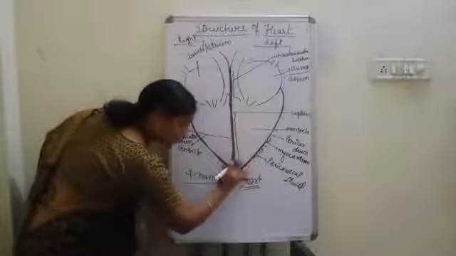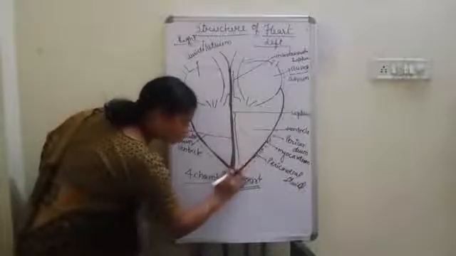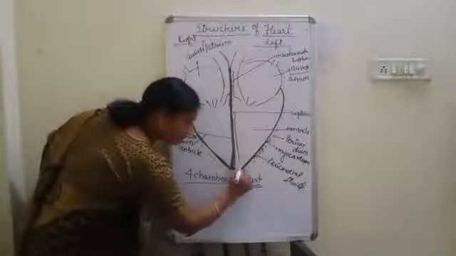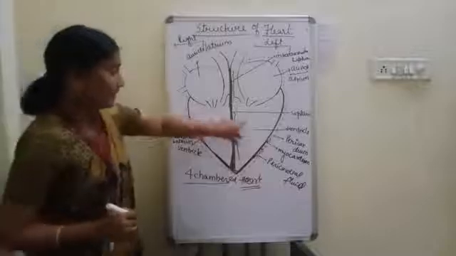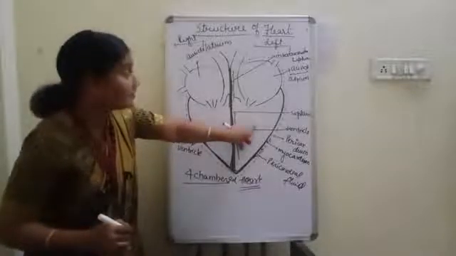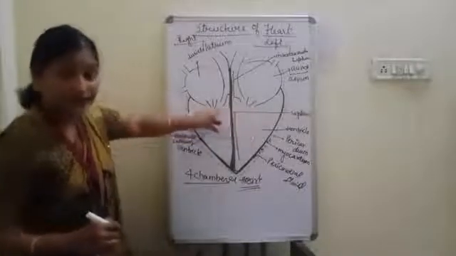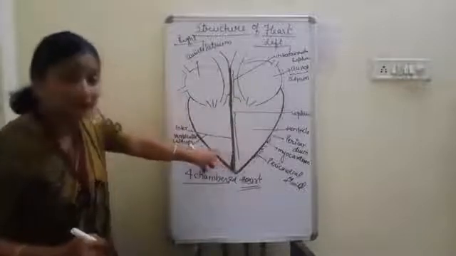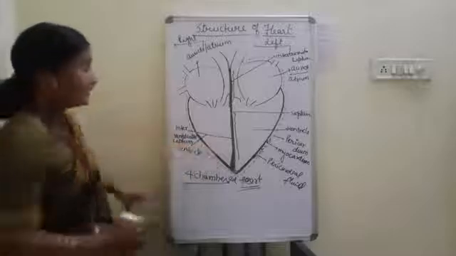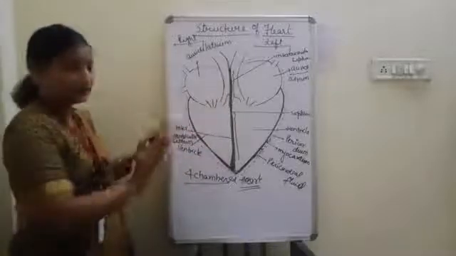I am shifting it till here so that you should not get any confusion. Now you can see this side is a little bit larger than the right side because this septum is obliquely placed. So this is our division.